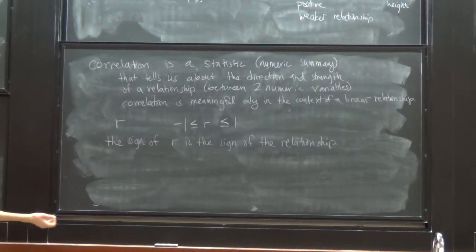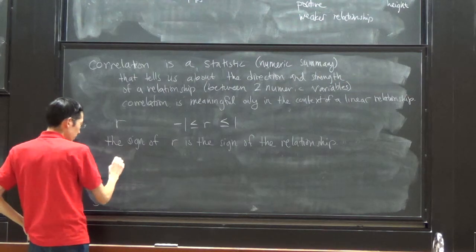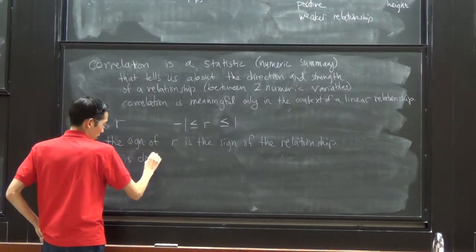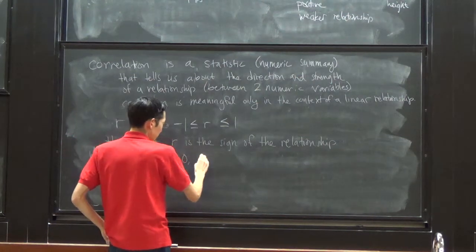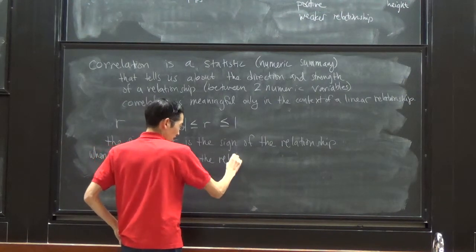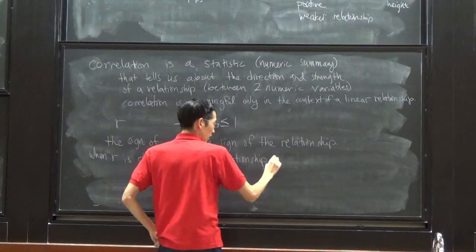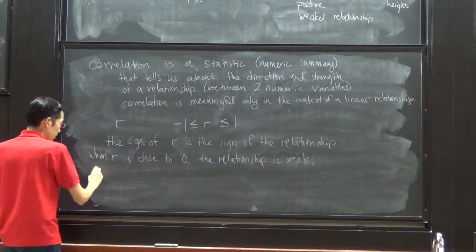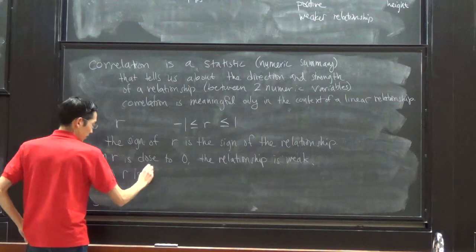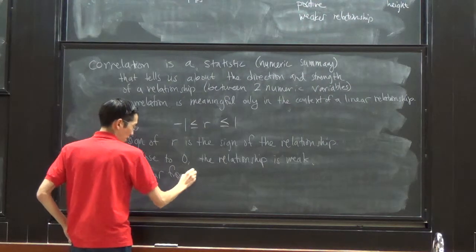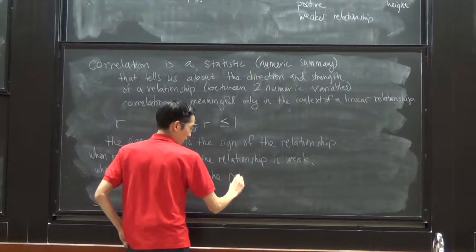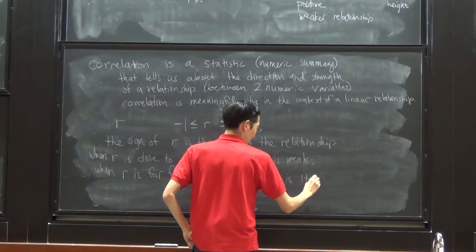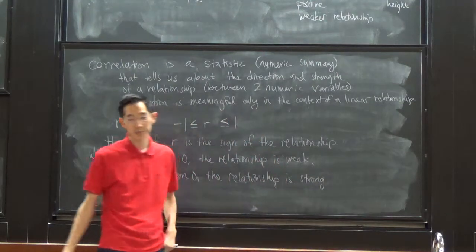And if R is close to 0, the relationship is weak. And if R is far from 0, the relationship is strong.